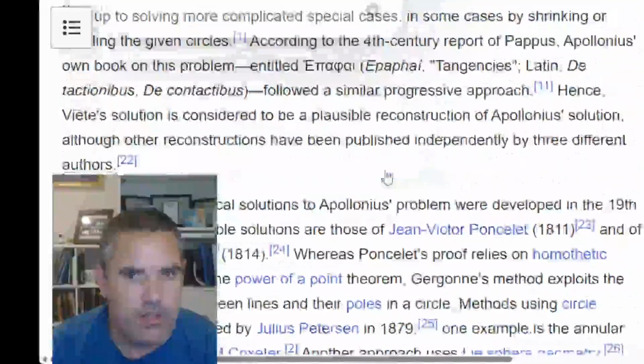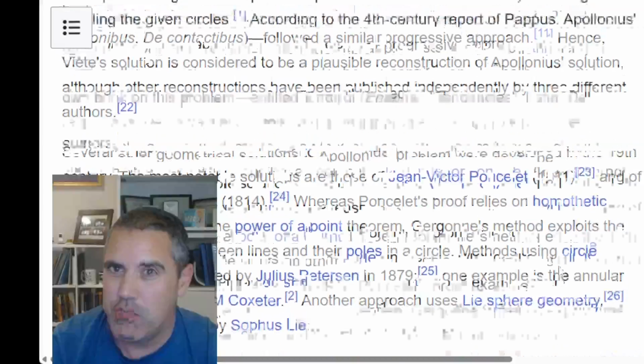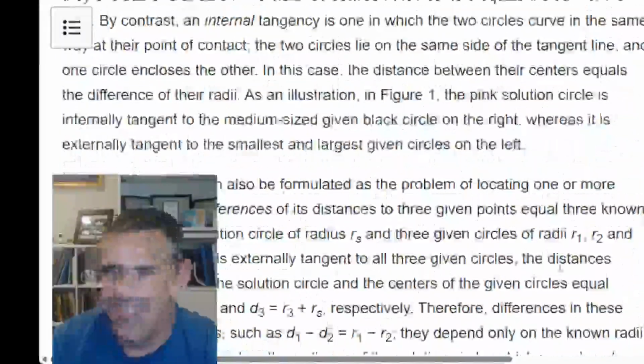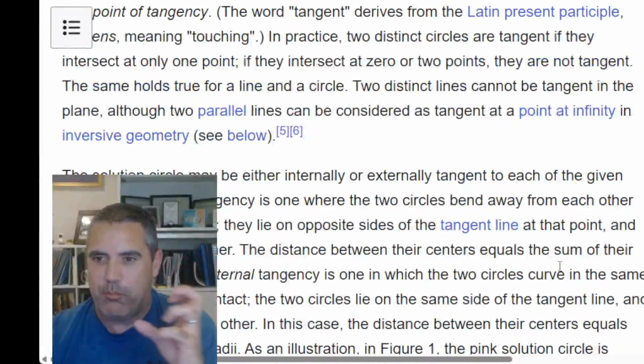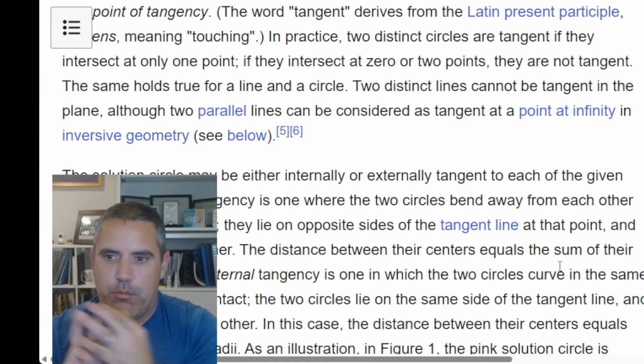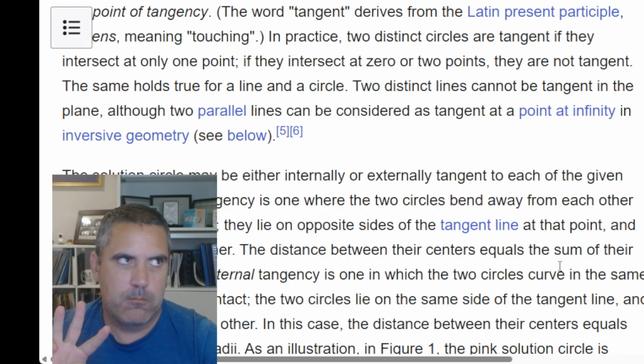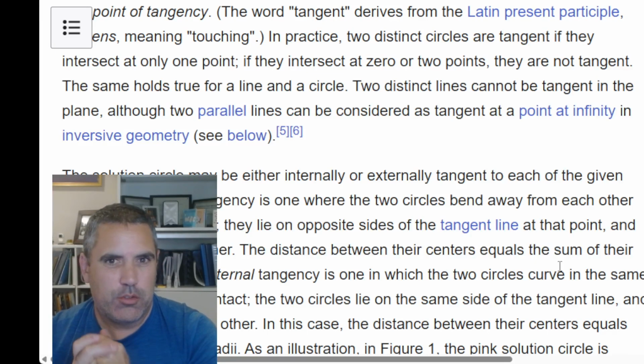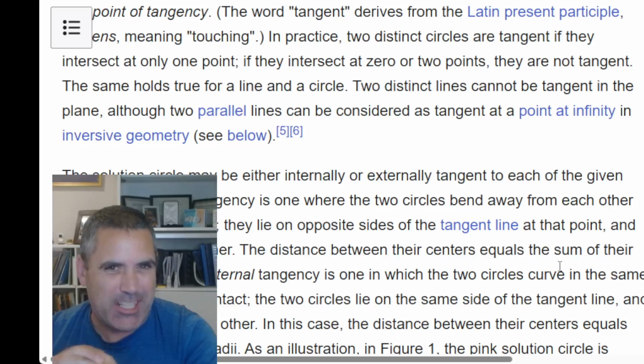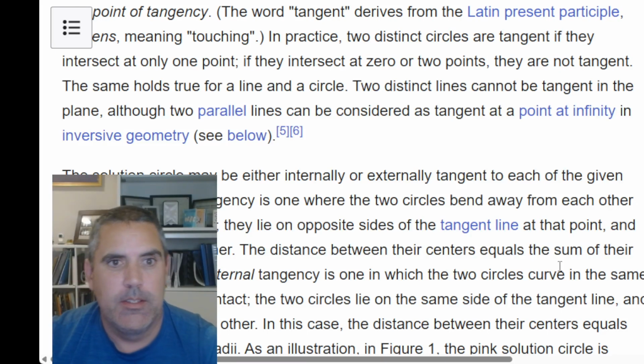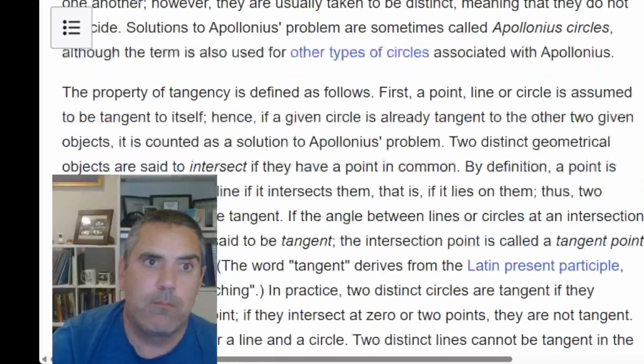I thought I saw a theorem in here about the relationship. If you search a little bit, there is a relationship between the radii of the 3 starting circles and the resulting tangent circle. So you can actually prove something about the connection between the radii. It's not a nice relationship.